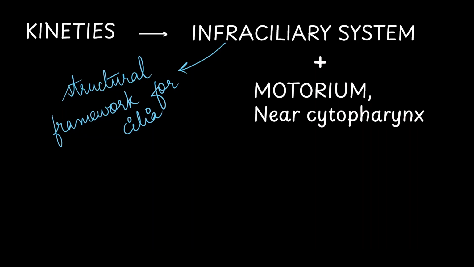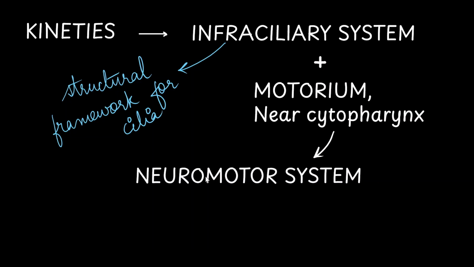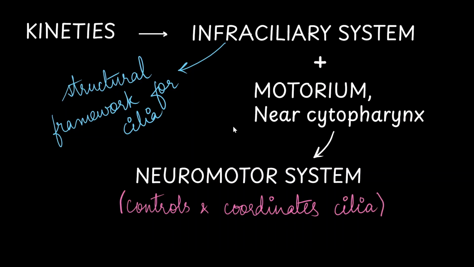The motorium receives and processes the signals that it gets from the cytopharynx and then uses the infraciliary system to move the cilia in a certain way. So together they form what is called the neuromotor system in Paramecium, which controls and coordinates cilia.